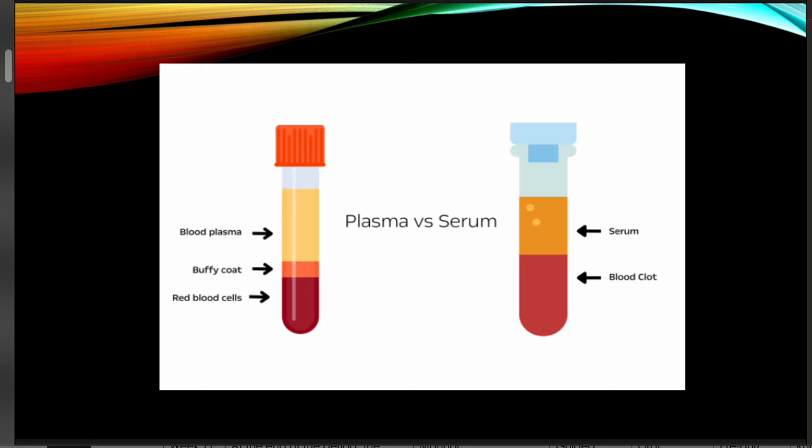And what you should never forget is the difference between your plasma versus your serum.